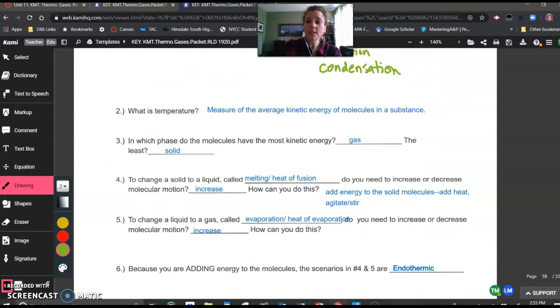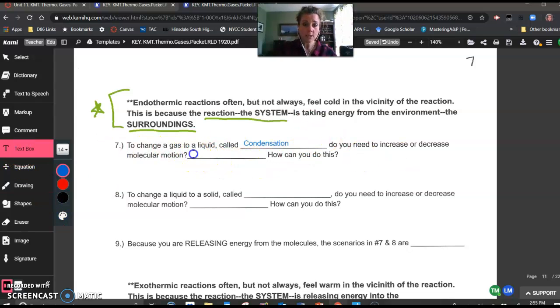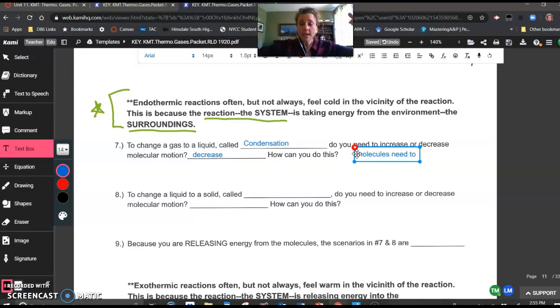And remember that if we're decreasing the motion of our molecules, that means that we are decreasing the temperature. So here we need to decrease molecular motion. And how can you do this? The molecules need to release their energy. So the gas molecules have to release energy to the surroundings. And this can be done by cooling it down.